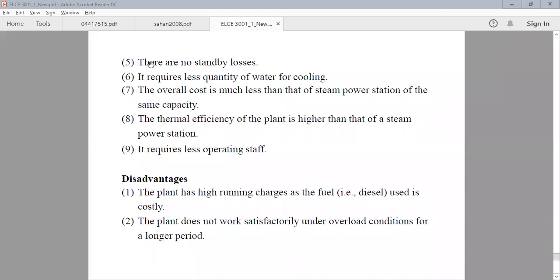If we compare this station with, let's say, steam power plants, what are the standby losses here?